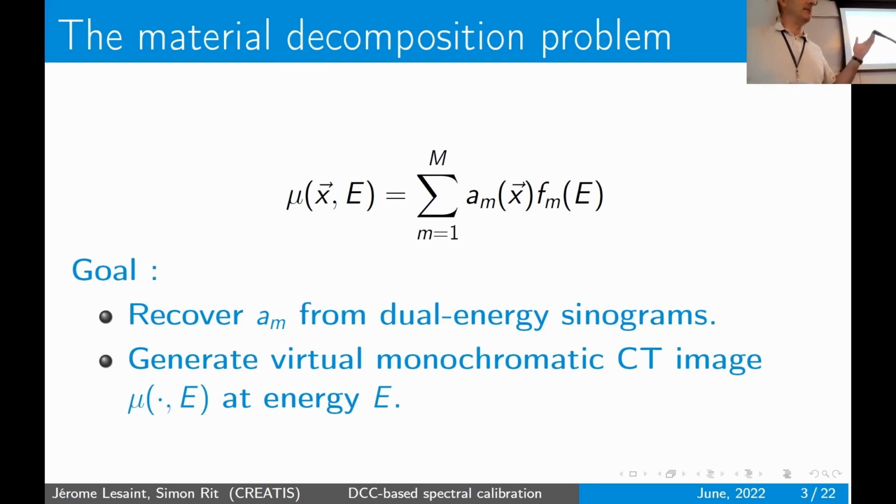As Peter Noel said earlier, it could be two physical effects, photoelectric or Compton effect, or it could be two material-specific energy functions, which we call FM here. The goal of dual energy is to recover the spatial maps of each material, AM, and also to recover some virtual monochromatic images.